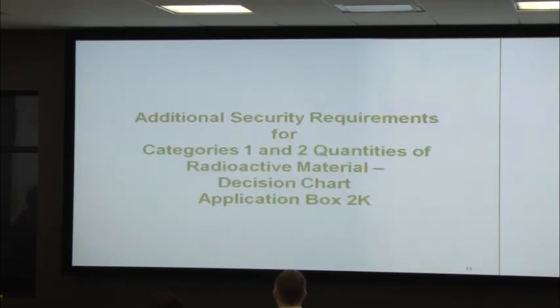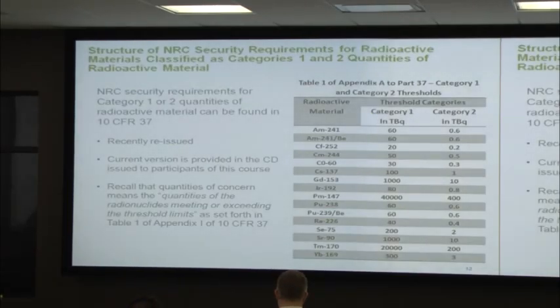Moving on to things that are a little more straightforward, we look at Category 1 and Category 2 quantities of radioactive material. That comes from the application box 2K. You recall that we've talked about this earlier.